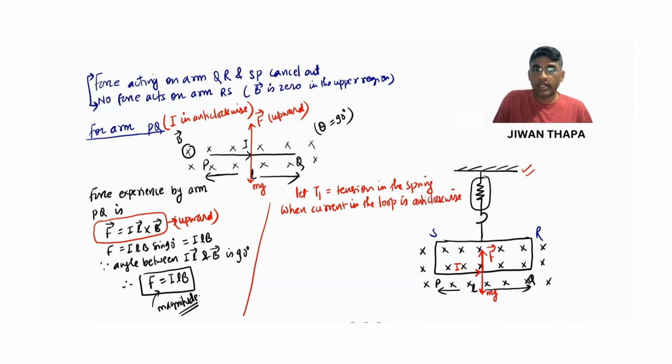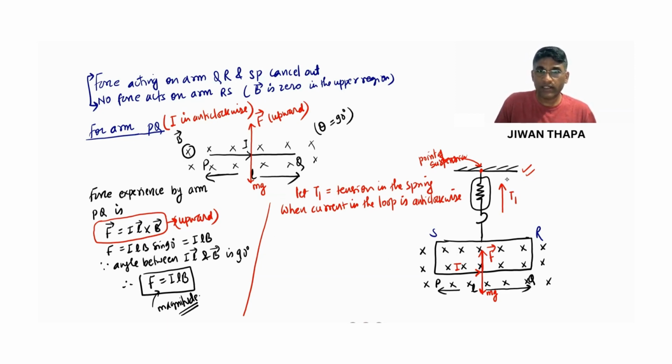And we know tension always acts in the string towards the point of suspension. So this is the point of suspension of the spring. So tension always acts in the spring towards the point of suspension.